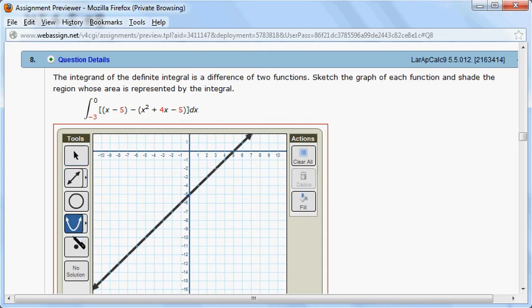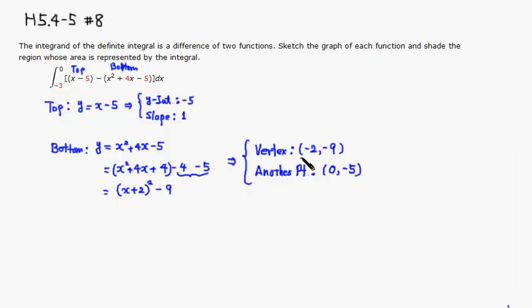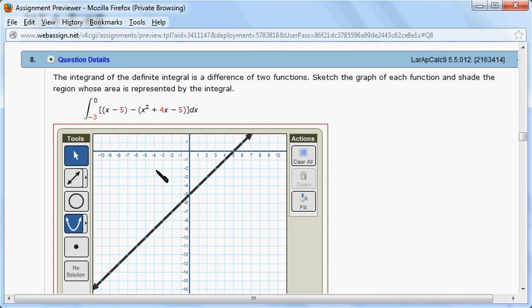Then the other one: the vertex is -2 comma -9. -2 is right here, and they go down to 9, so around here.